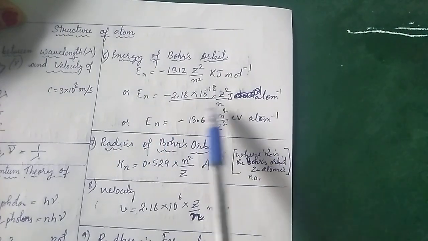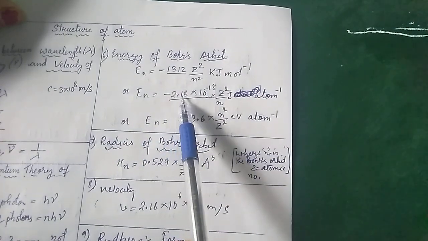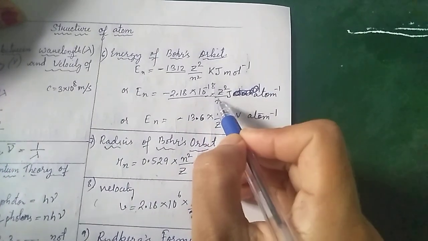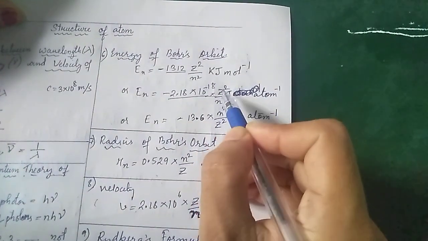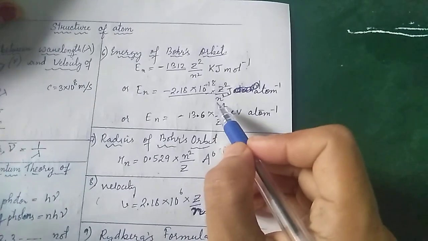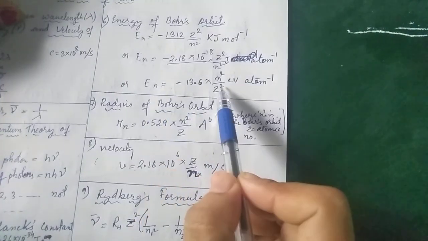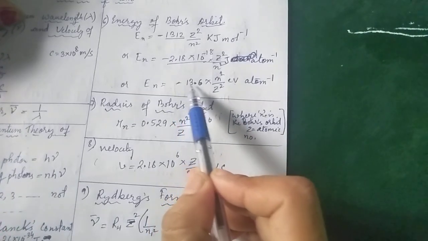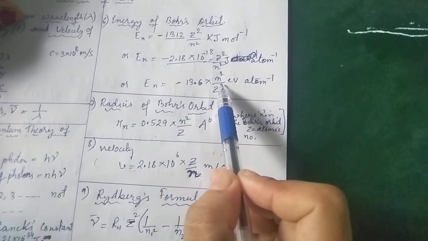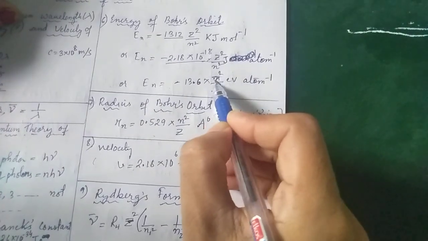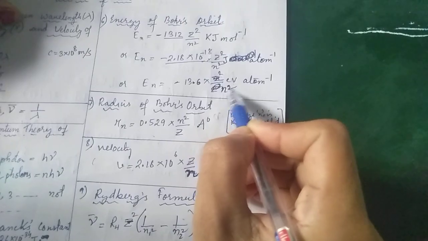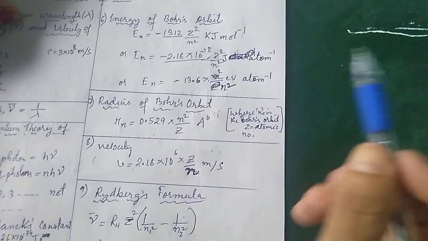Energy in the form of joule is minus 2.18 into 10 to the power minus 18 z square by n square, where z is the atomic number and n is the orbit number. In the form of electron volt, we will use minus 13.6 z square by n square electron volt per atom.